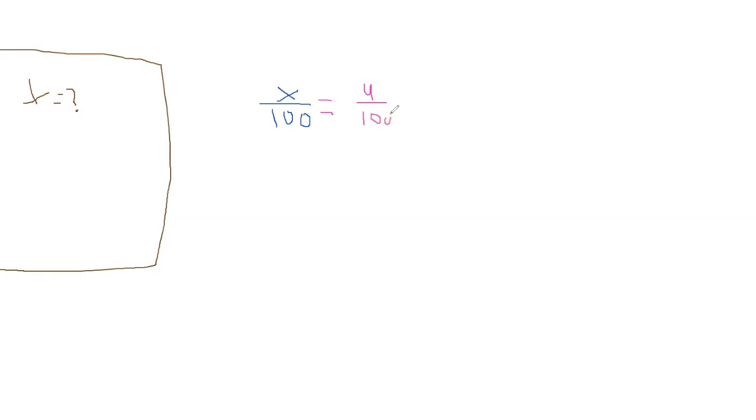You may be wondering, what now? Here's the interesting part. We multiply. X is a mystery number. We do not know what it is. It could be 5, it could be 10, it could be 100, it could be 1,000, it could be anything.